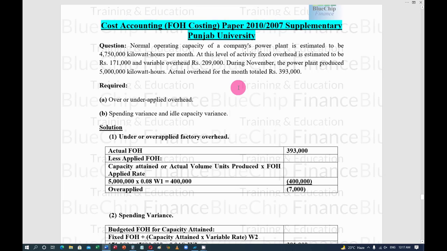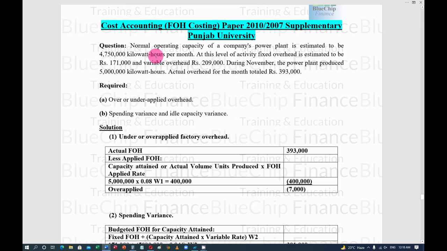The next question about FOH costing or variable costing is a question which appeared in paper 2010 and 2007 supplementary. And the question is that the normal operating capacity of a company's power plant is estimated to be 47,50,000 kilowatt hours per month.